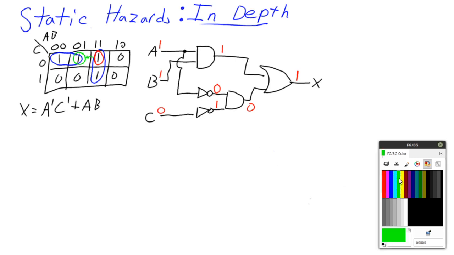Now let's look at what happens when we change one value. Specifically, we're changing A from a 1 to a 0. So that means B stays as a 1 and C stays as a 0.